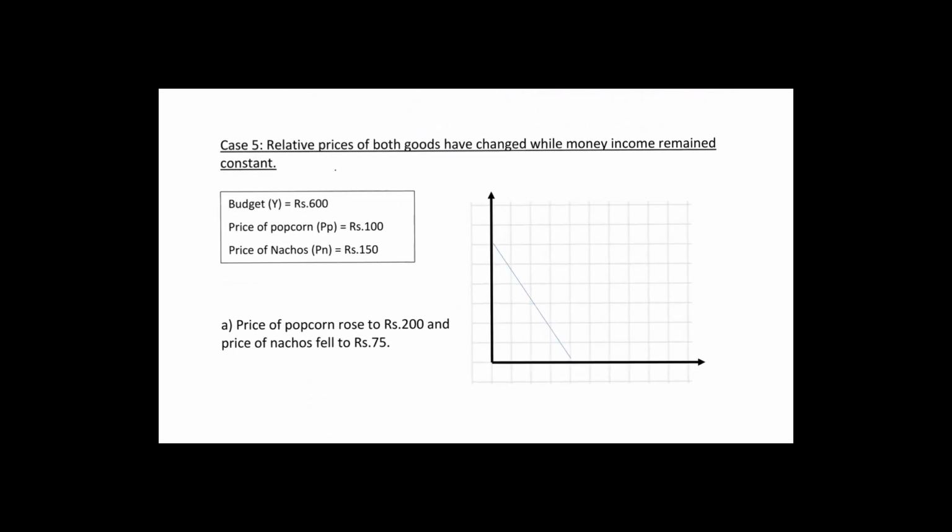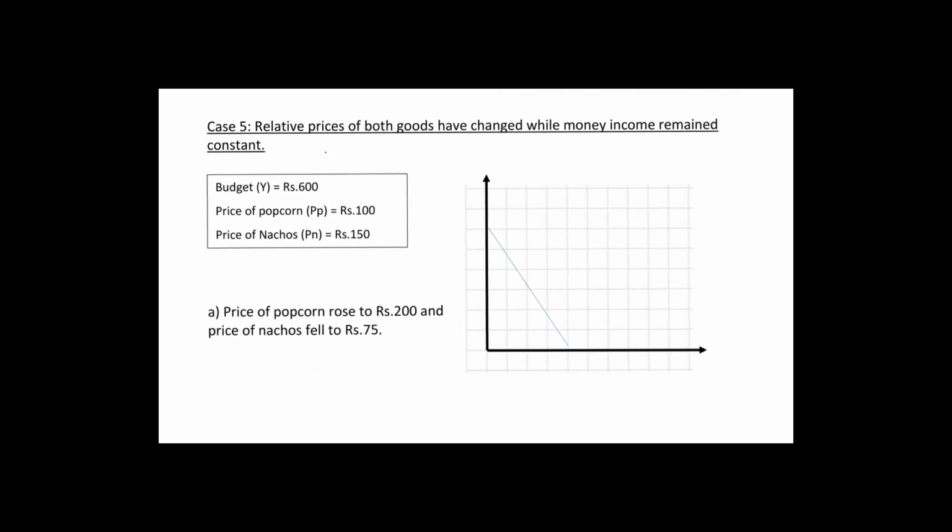So case number 5, our final case, is what is also possible is that the price of popcorn went up by 50%. 200. That's 100% increase. So 600 divided by 200, that gives you 3 as the marker.